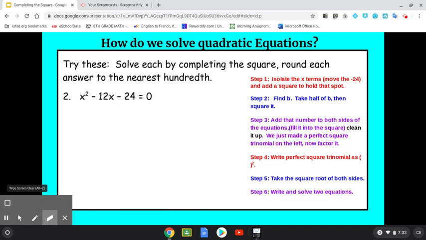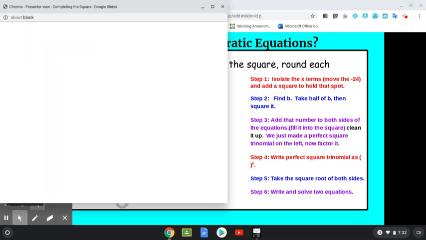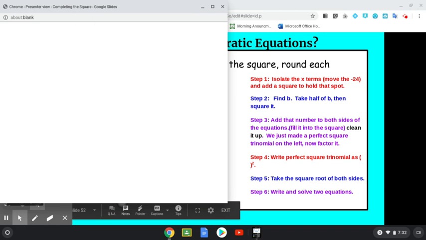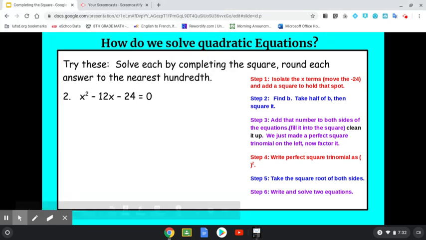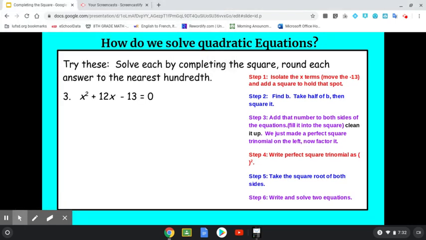And now on to our last one. We're going to look at number 3, which is x squared plus 12x minus 13. So again, we're going to add the 13 to both sides. And I'm going to put my square there to remind me I need to complete the square. So you put your 13 over there. Now you take your b.